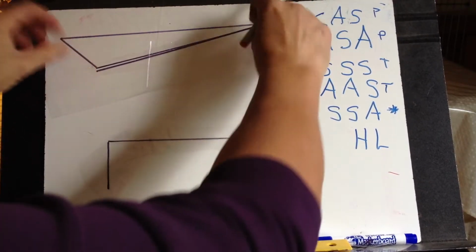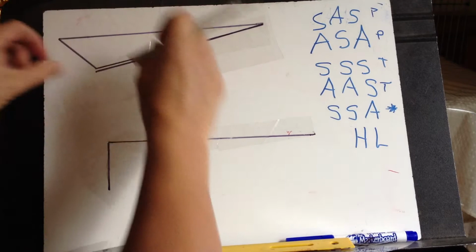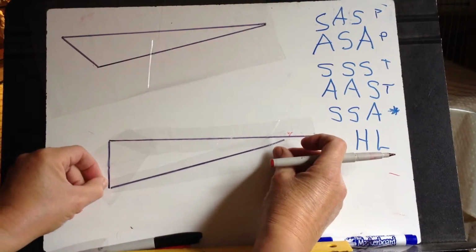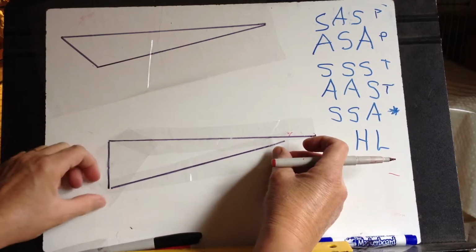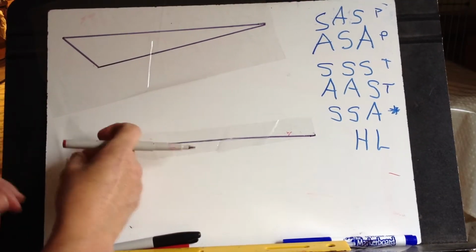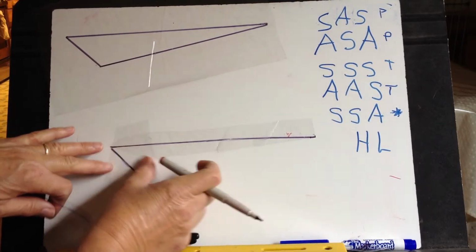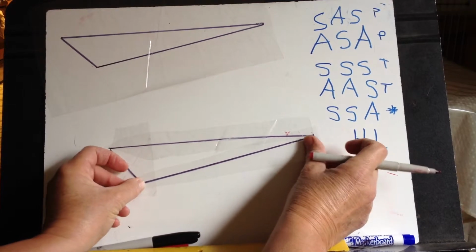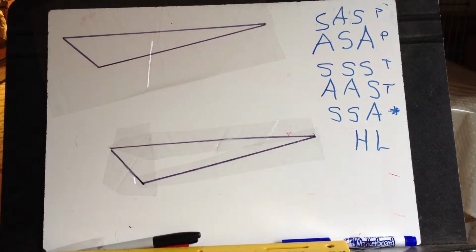Yep, that's the third side. So let's see if I can fit these sides together in such a way. Well, clearly that's not going to meet unless I bring this side in. That's a pretty good match.